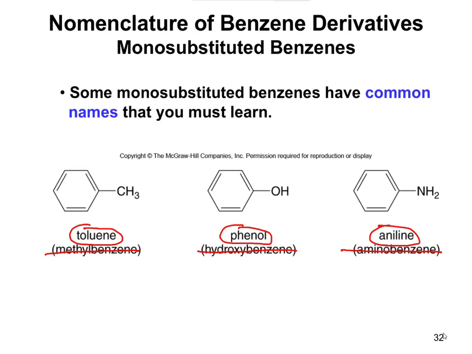But these are very common substituents and common groups that you're going to see frequently, so we need to learn these three. So a benzene with a methyl group is going to be toluene, a benzene ring with an OH group is going to be a phenol, and a benzene ring with an NH2 group is going to be an aniline. So make sure you commit those to memory. So this gets a star. You need to memorize those.